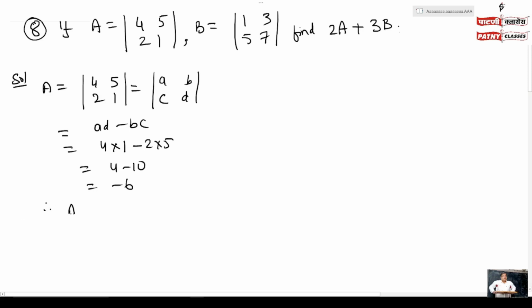Therefore determinant A equals minus 6. Therefore 2A equals 2 into minus 6 equals minus 12.